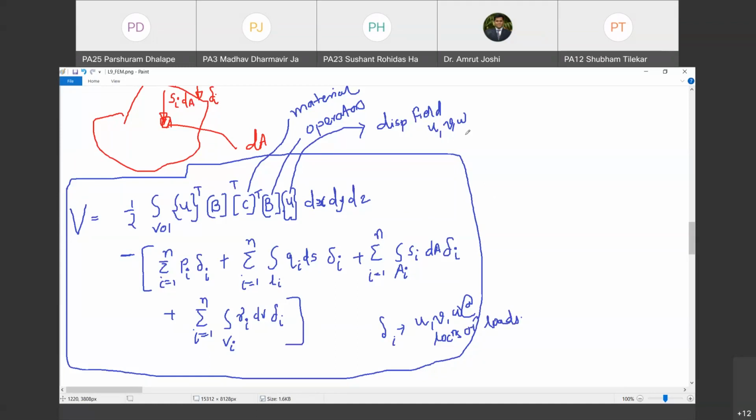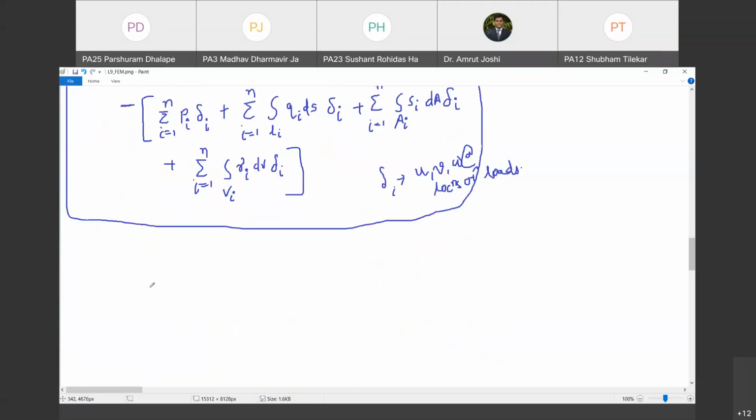Yeah. So if I have to minimize this, I will have to take derivative of this potential energy with reference to a displacement field, which is very difficult because U, V and W are already functions of X, Y, Z. How do you take derivative of a function with reference to a function? If I ask you to find the derivative of 3x square plus y square with reference to y, so dou of 3x square plus y square by dou y is possible.